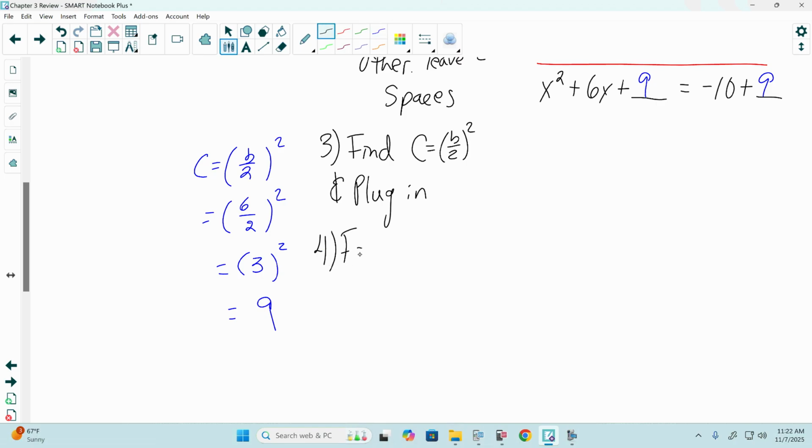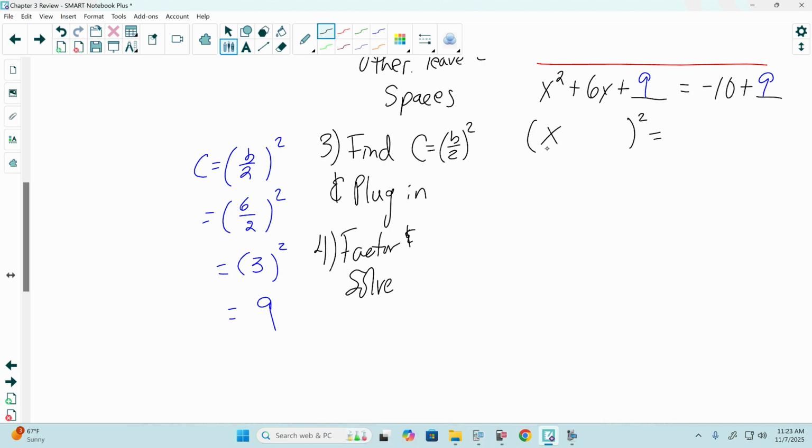Step 4: factor and solve. So we need to factor x squared plus 6x plus 9, but that's nice, because we have a set of parentheses squared and we do have x inside there, yes?